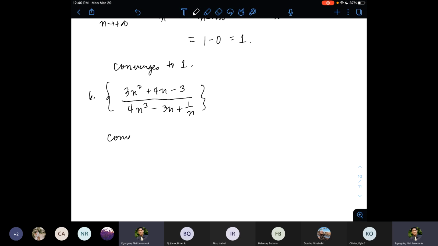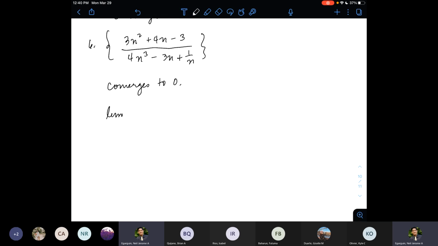How did you get that? How do you come up with that conclusion? Right, so Christina, that's a good approach. You can look at the exponents on top and bottom, which should remind us of how to evaluate limits at infinity. Remember, we're looking for the limit of the sequence as n approaches infinity.